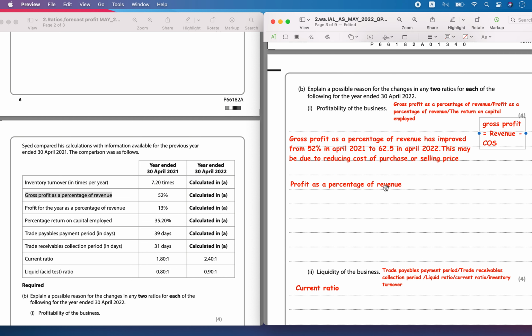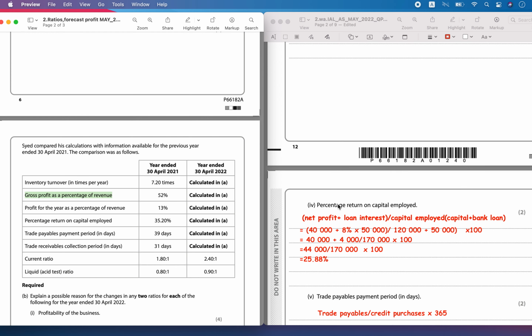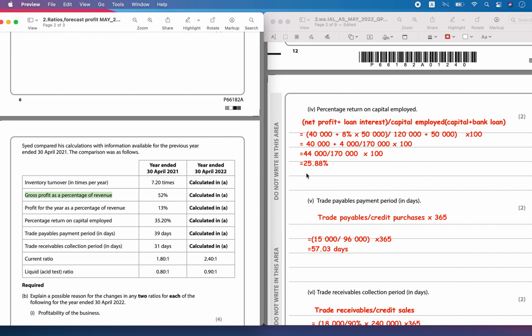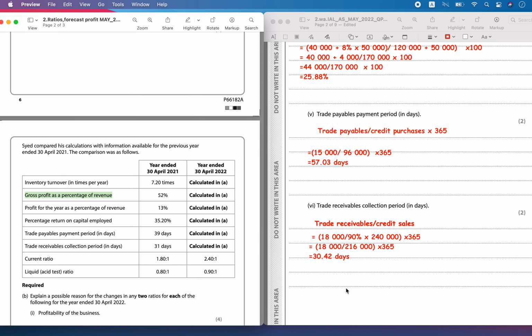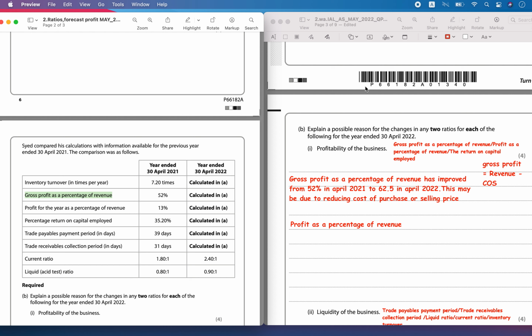Then profit as a percentage of revenue. Last year it was 13 percent, and this year it has improved to 16.67 percent.